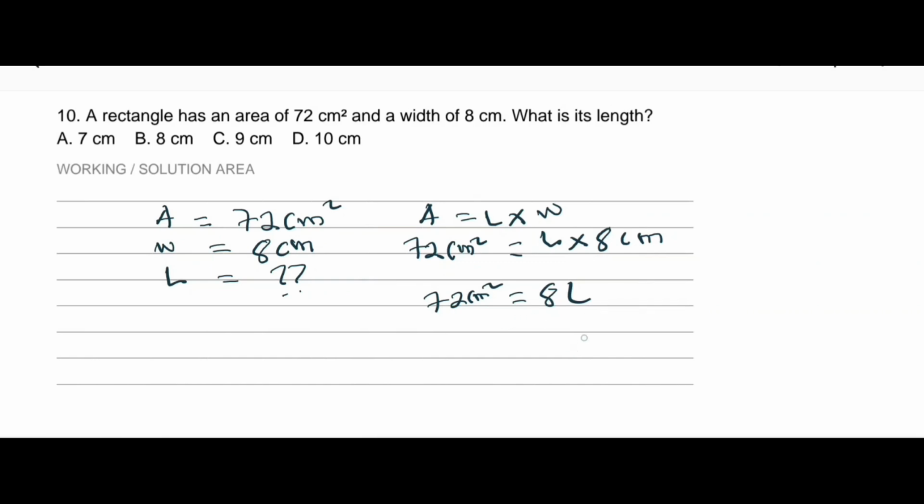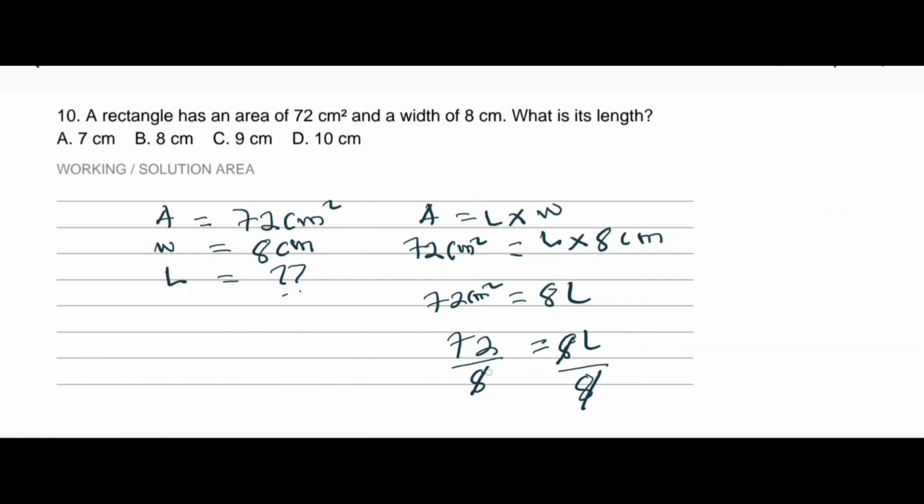So let's divide both sides by 8. So 72 divided by 8 is equal to 8L divided by 8. So when you do the calculation, this 8 will cancel this 8.